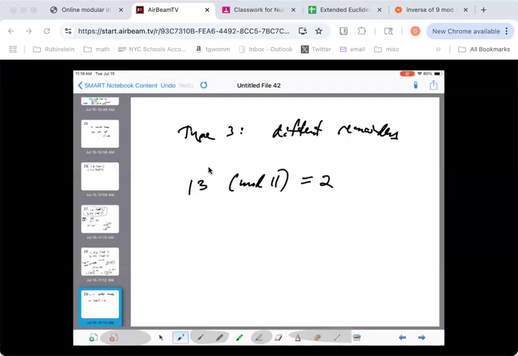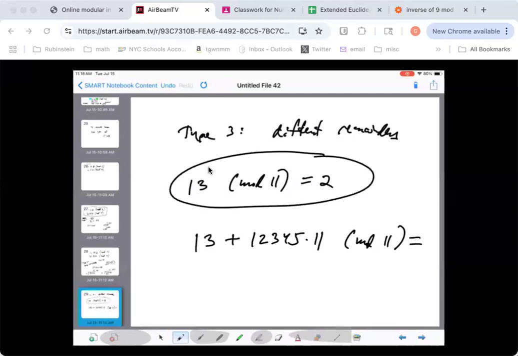What if I take that 13 and add on 1, 2, 3, 4, 5 times 11? And I want to know, if I divide by 11, what would the remainder be? So 13 mod 11 is 2. What if I do this giant number, 13 plus 5 times 11, and I mod that by 11?